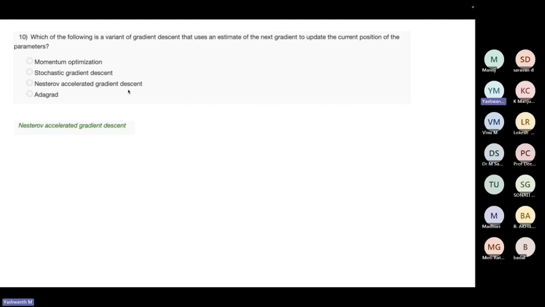This is again the Nesterov accelerated gradient descent. So remember, you move ahead and then compute the gradient, and then you make a gradient update step. Right? So that's the Nesterov accelerated gradient.